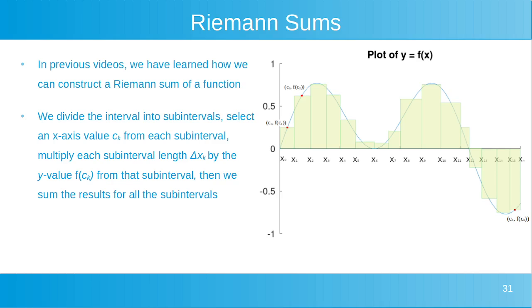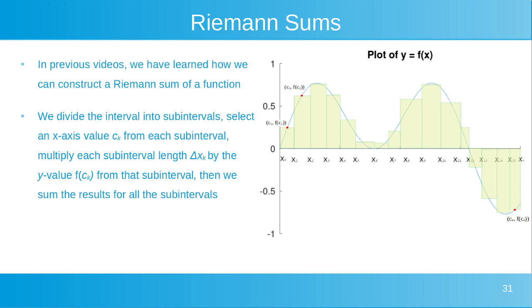And we've done this for each subinterval, all the way up to our last subinterval. So at our last subinterval, we've done the same. So what we do then is we sum all of those products.